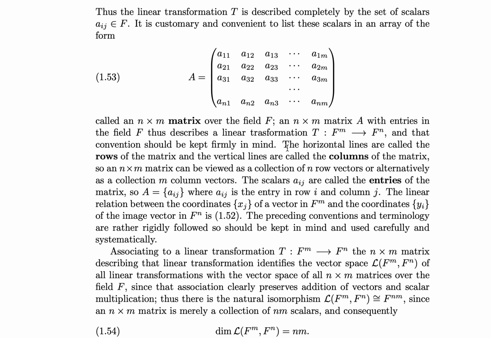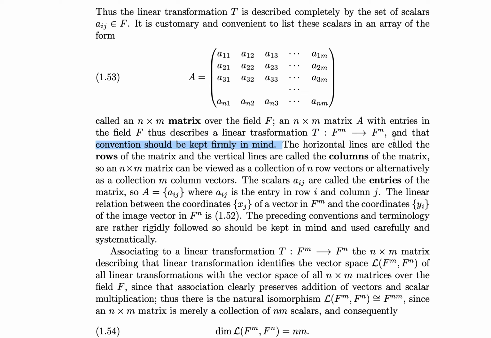We call this an n by m matrix over the field F, because each of these a_ij's is taken from F. An n by m matrix with entries in the field F thus describes the linear transformation T from F^m to F^n, and that convention should be kept firmly in mind. That is, each linear transformation can be described in terms of these entries. And we'll also see that the entries uniquely describe a transformation.